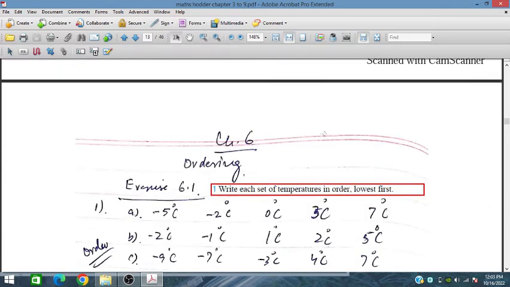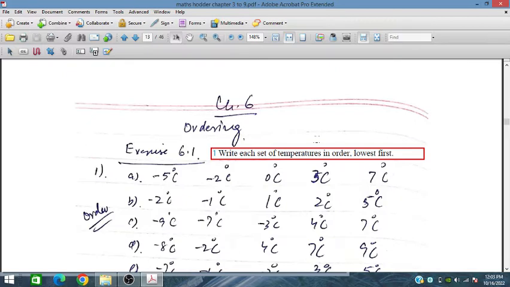Now chapter 6, which is important: ordering. We have given numbers in a random order. We have ordered them from the most negative to the most positive. We always move from the most negative to the most positive. So minus 5 is the lowest number, minus 2 is greater than this, 0 is greater than this, 3 is greater, and 7 is the largest number in this series.